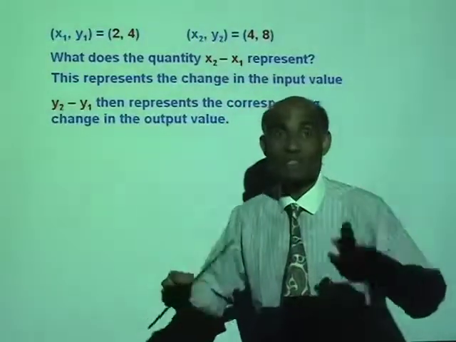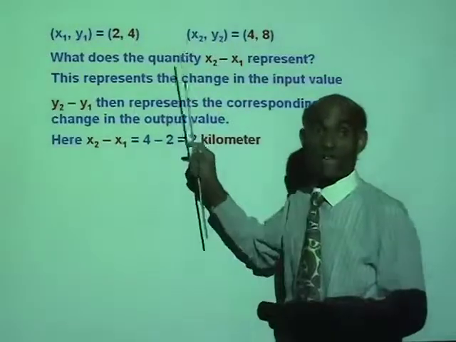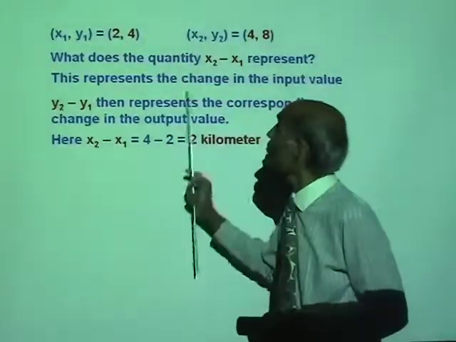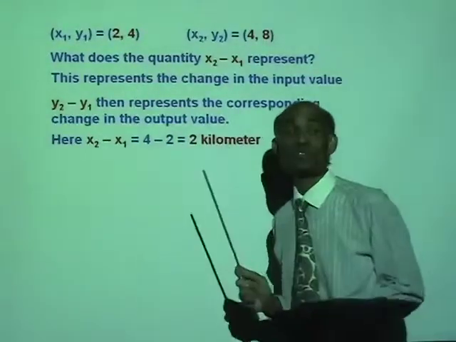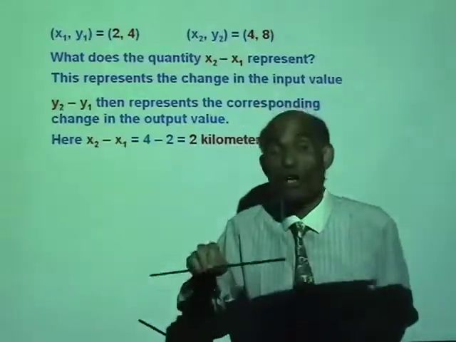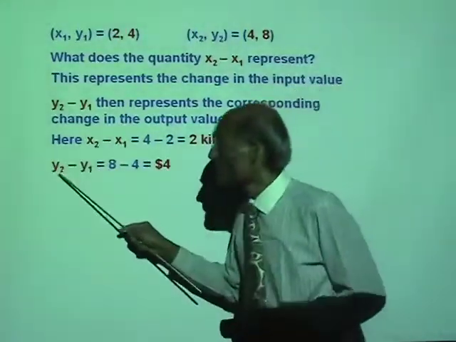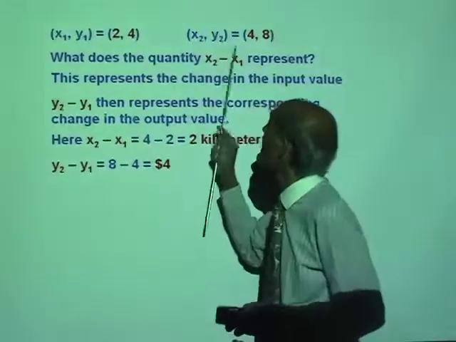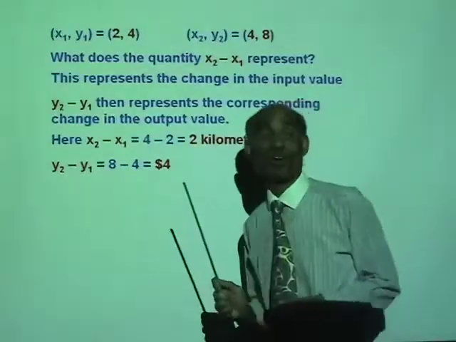Very important concept in mathematics. In our particular example, x2 minus x1 is 4 minus 2 equal to 2 kilometers. In other words, the girl decided to walk 2 more kilometers. Alright? Then y2 minus y1 is 8 minus 4 equal to $4.